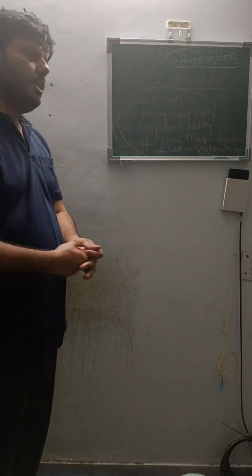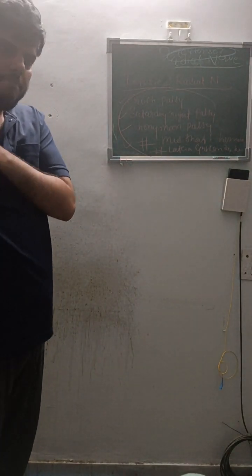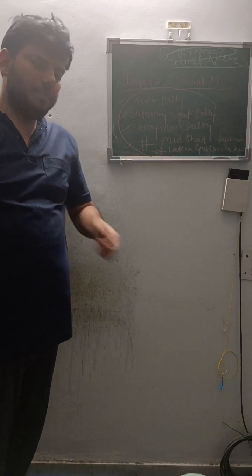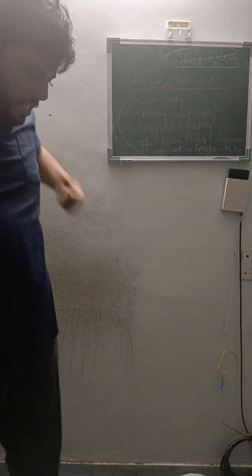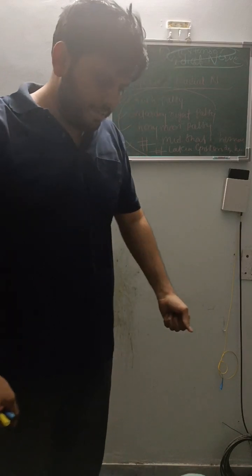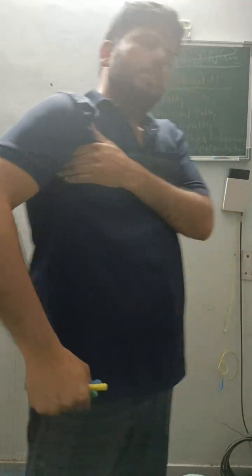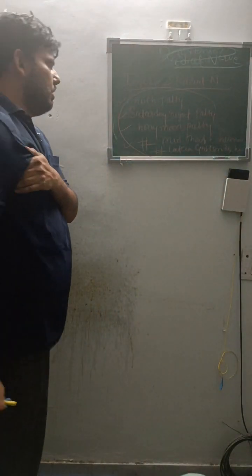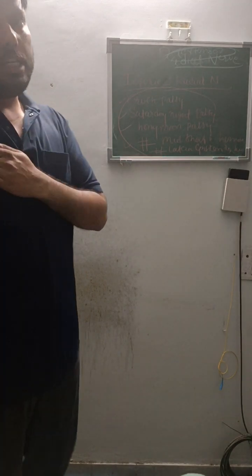Crutch palsy: when you use crutches, it occurs here. When you walk with crutches, there is pressure here, so the radial nerve injury occurs in the axilla. Crutch palsy and Saturday night palsy are both injuries in the axilla.